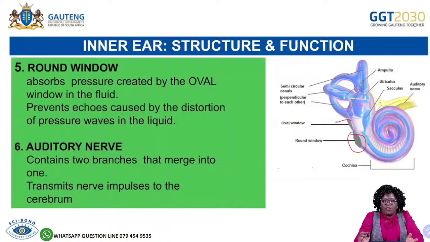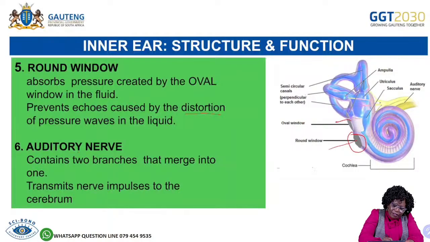We never spoke about the round window and its function. What is the function? It absorbs pressure created by the oval window in the fluid. In other words, you can say it absorbs pressure from the inner ear, and you can also indicate that it prevents echoing caused by the distortion of pressure waves in the liquid. So instead of sound being echoed, this is responsible for always taking it down so that we are fine.